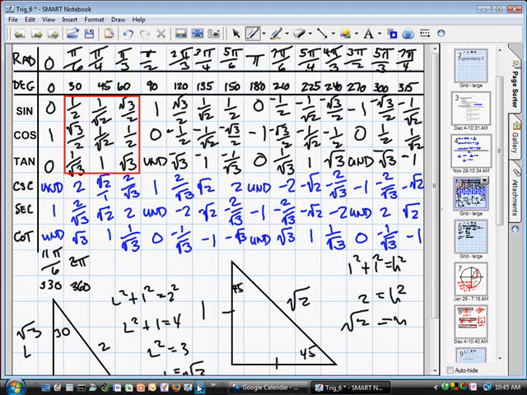Therefore, now not only 30, 45, and 60 work, but any sum of those. So 75 works because it's 30 plus 45. And then there's a law for finding the sine and cosine and tangent of a half angle. So now every angle we know, 30, 45, and 60, can be cut in half. And now without a calculator, you can find the tangent of 22.5 degrees.